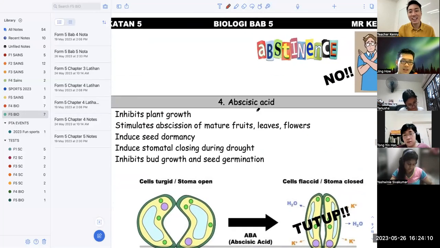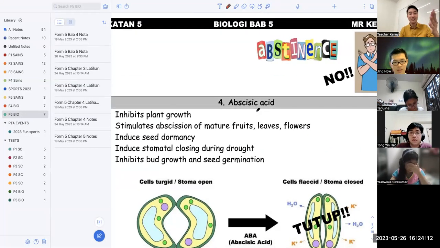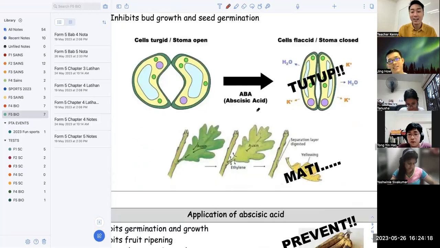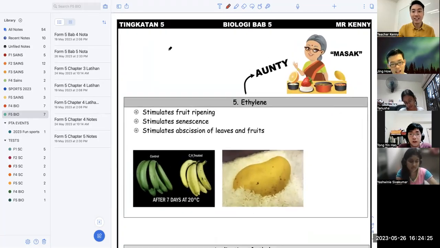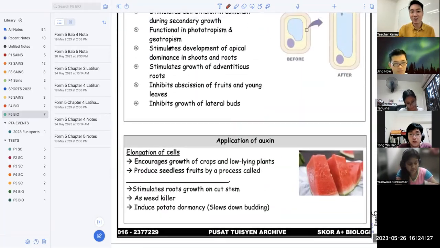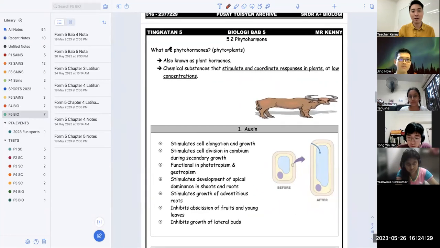Cytokinin. Next, abscisic acid. Okay, pronounce properly. And lastly, ethylene.